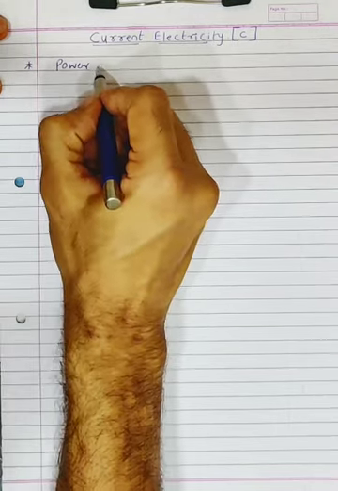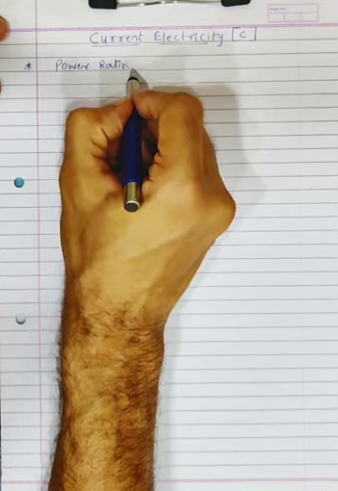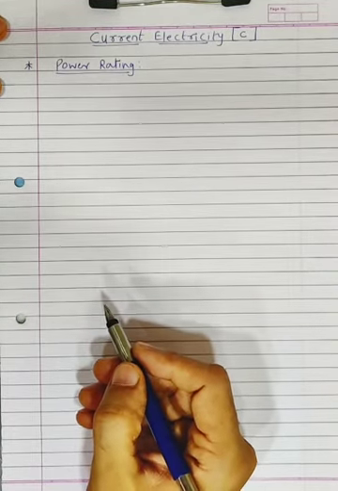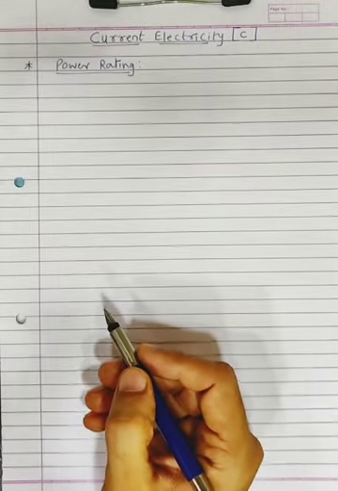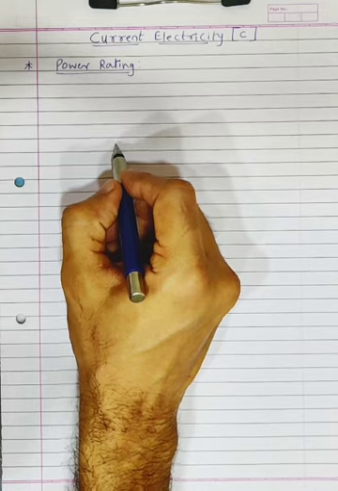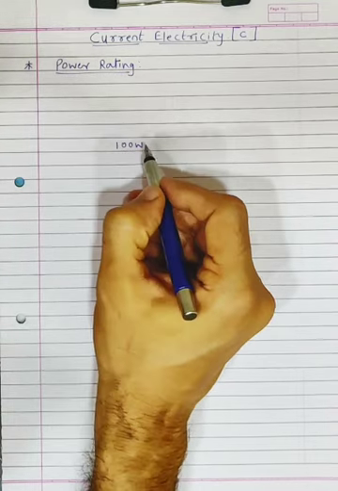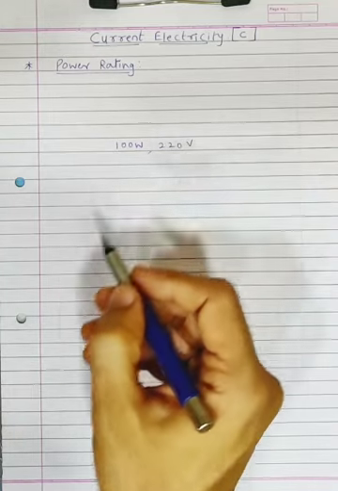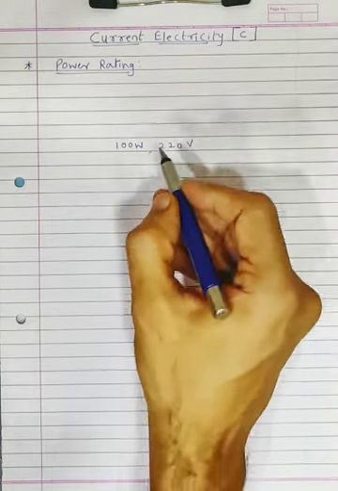Now in this part of the chapter, we have to learn what you mean by power rating. You must have seen that on many appliances, they always mention the power rating of that appliance, like when you buy a bulb. Let's say, for example, there is a bulb whose power rating is 100 watts, 220 volts. Now what does this mean?